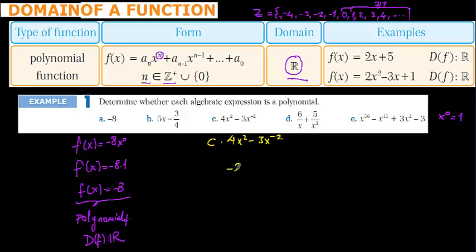Since this -2 I'm talking about is not an element of natural numbers, the function is not polynomial. The function is not polynomial, so the domain is not equal to R.